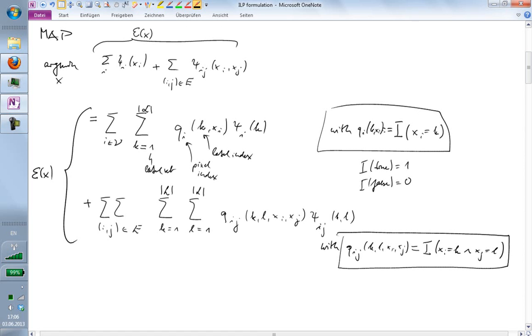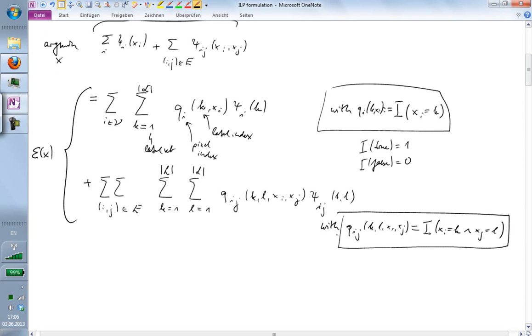Now I could turn the argument around, and I could want to write an energy which is a function of Q, the indicator variables, rather than X. So I can turn this into a function of Q rather than X.